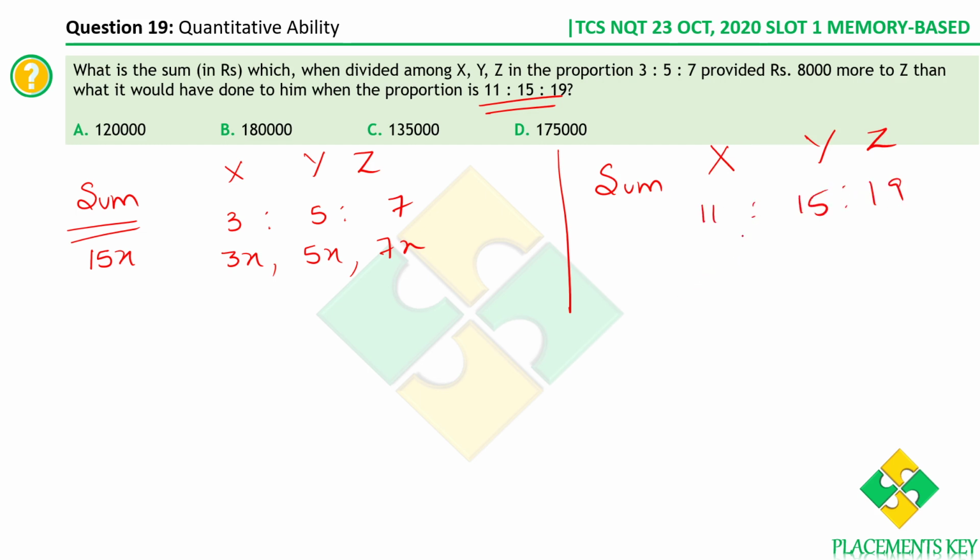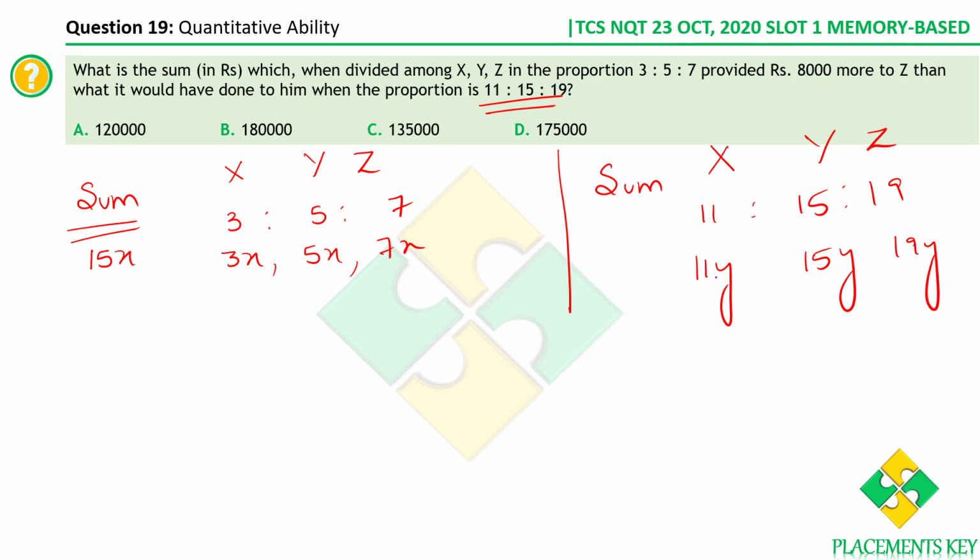Let's include a ratio constant y, so that is 11y. Why? Because it can't be x, since the ratio constant for the first is x, so the ratio constant for this would be a different value, y. So 11y, 15y, and 19y are the amounts given to x, y, and z respectively.